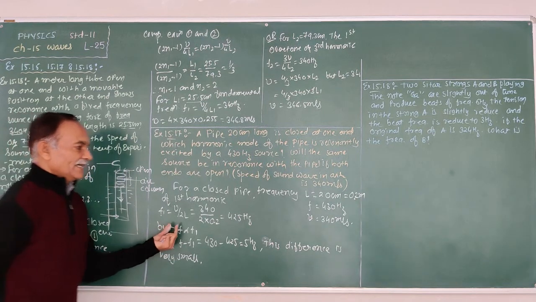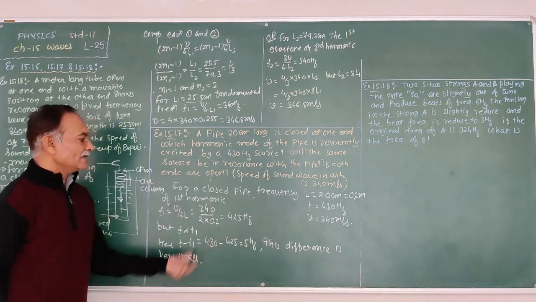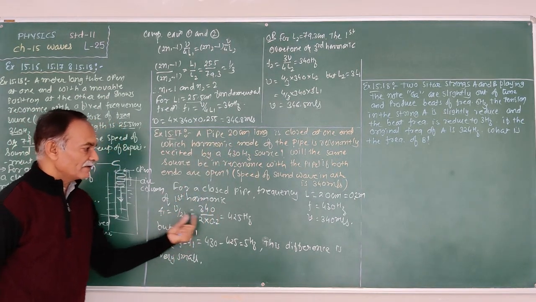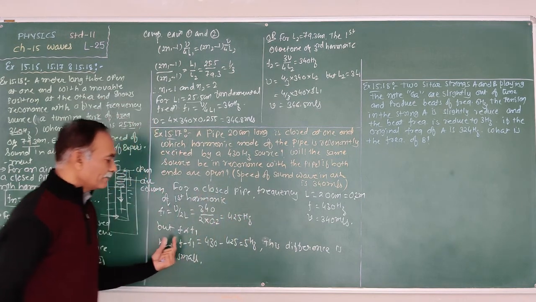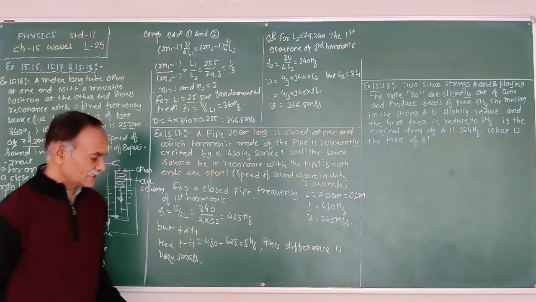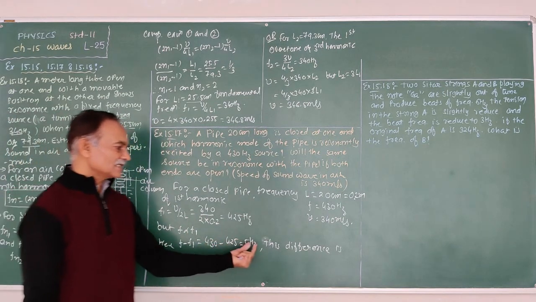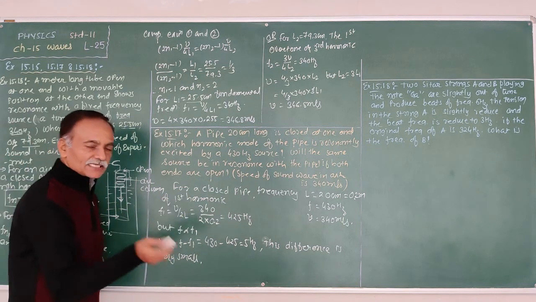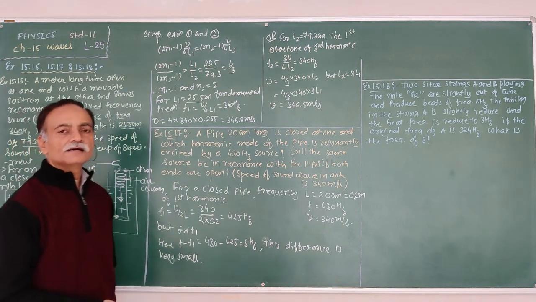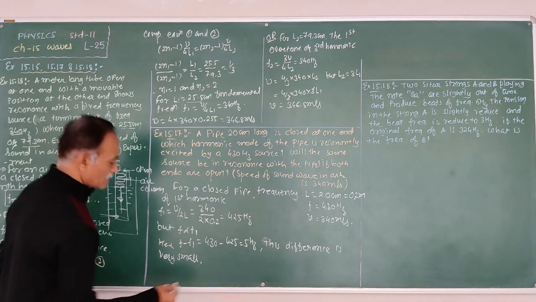Now here F is given as 430 Hz and the frequency of the first harmonic we obtain is 425 Hz. Right? Therefore, the difference between these two frequencies is 5 Hz, and this difference is very small. Therefore, the vibration of the source will produce the resonance.